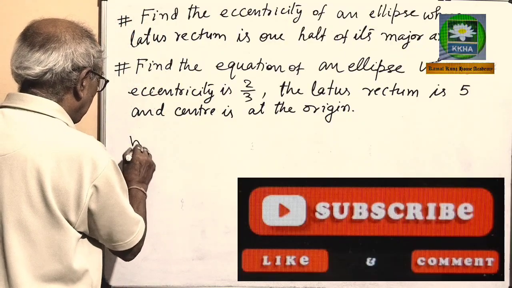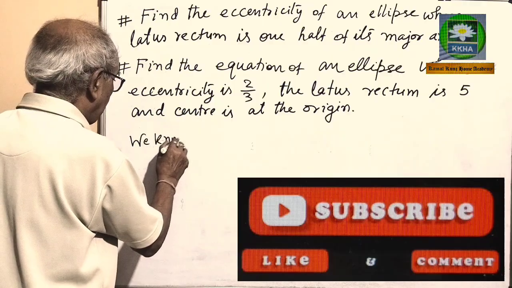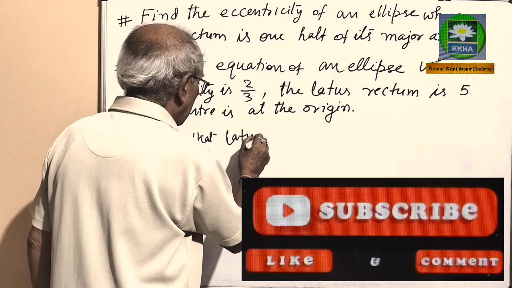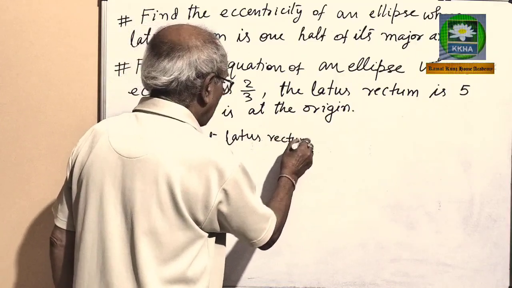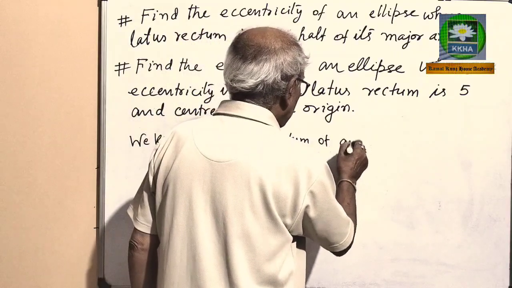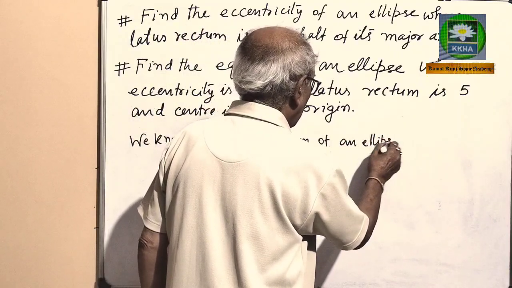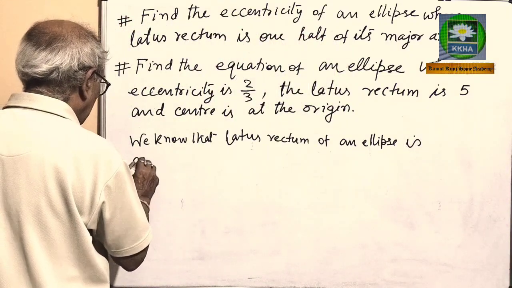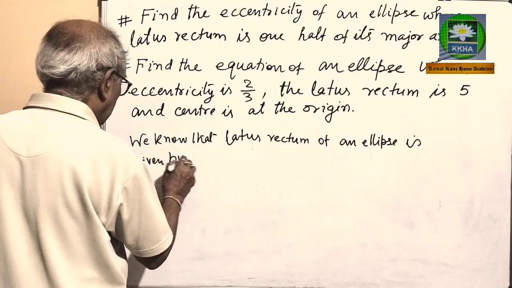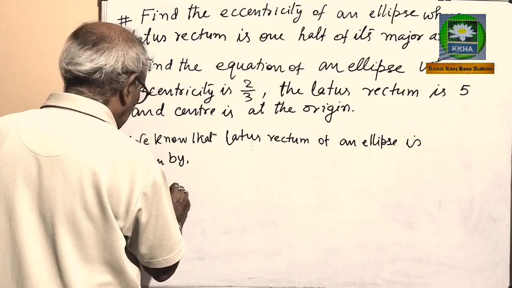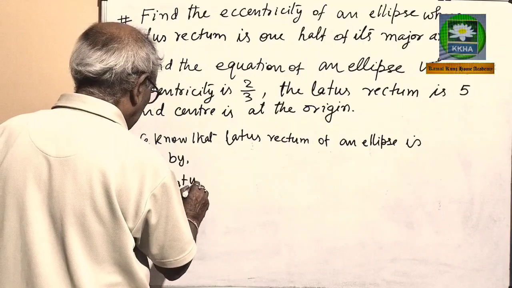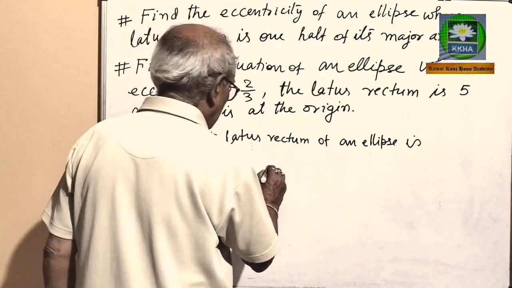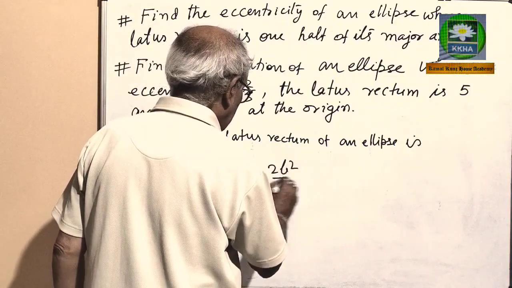We know that latus rectum of an ellipse is given by twice b square upon a.